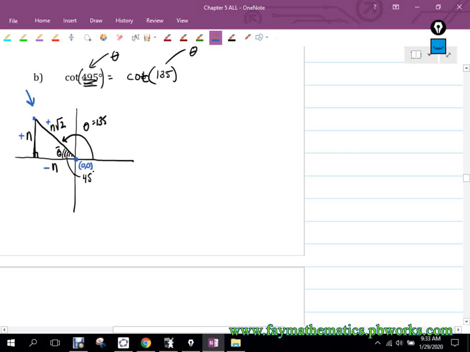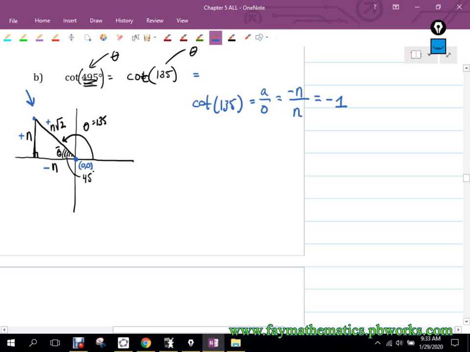Now when I ask for cotangent of 135, tangent is opposite over adjacent, so cotangent ends up being adjacent over opposite. So you guys agree it's negative n over n, which reduces to negative 1?